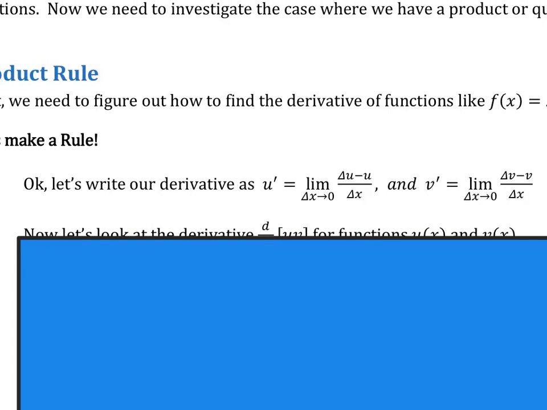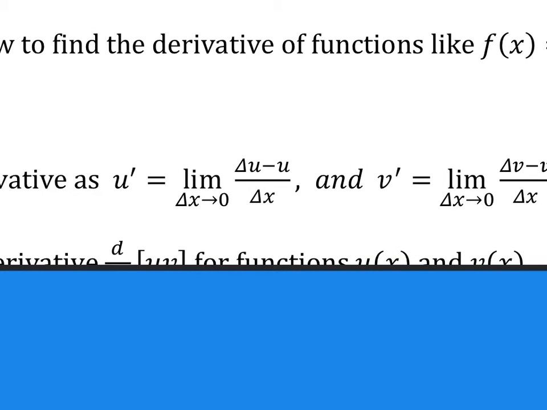Here we go. So we've got some derivatives, u prime, v prime, all right? And u prime is, let's just write it this way, it's the change in delta u, meaning that little change in the y value minus the original y value over the change in x, okay? So that's just a little kind of shorthand notation for our limit definition.